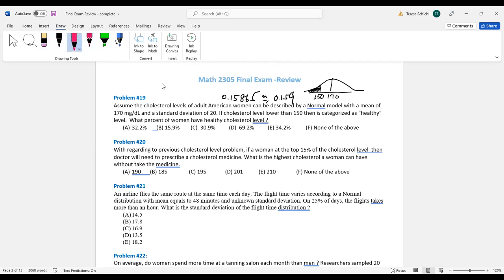So what is the percent? We have 15.9% here. That's the healthy cholesterol level.